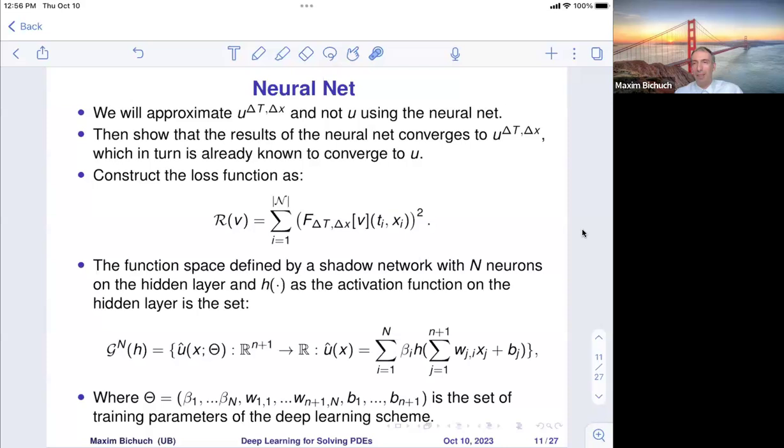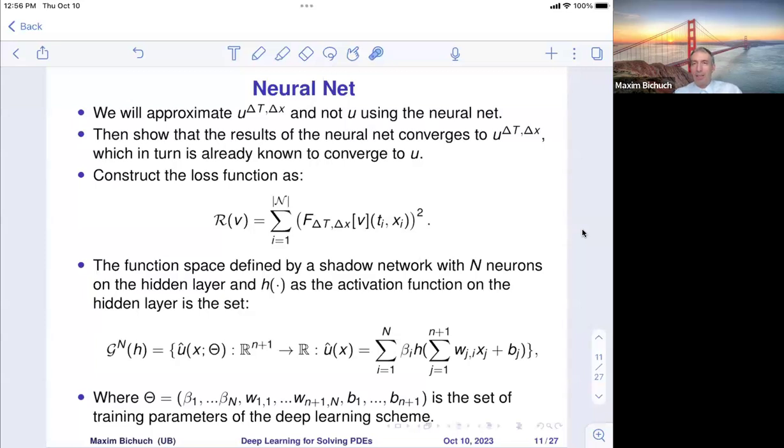Due to the existing results, we already have that the finite difference will converge to the viscosity solution. So as long as we can show convergence to U^{delta t, delta x}, we should be golden. That's ultimately the goal.